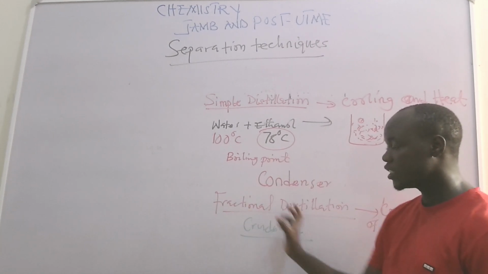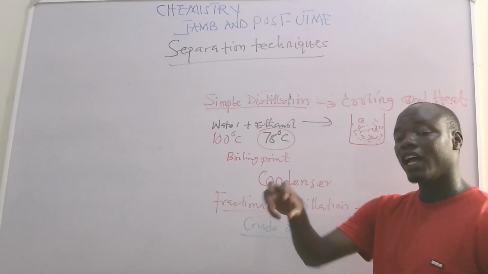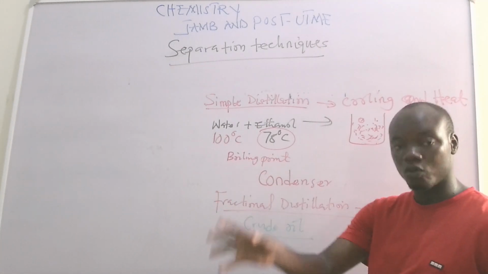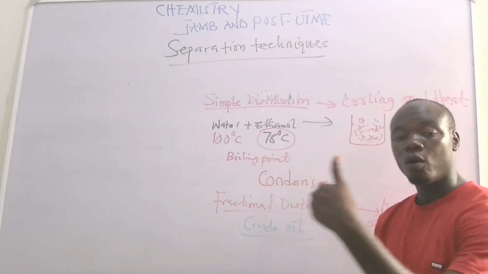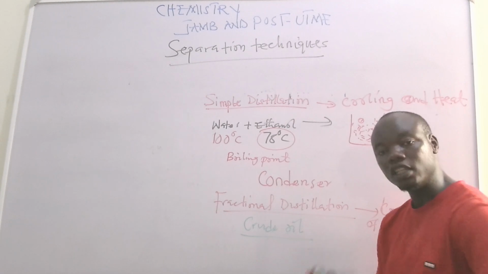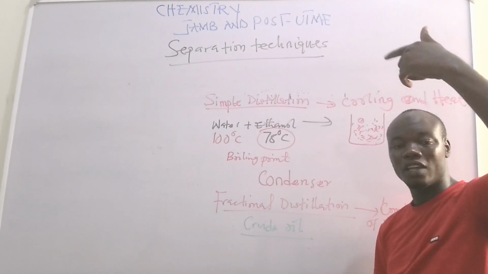So in fractional distillation, as you have your crude oil, you will be heating it, and as the boiling temperature of a particular component is reached, it will be evaporated. It will be doing that one after the other.